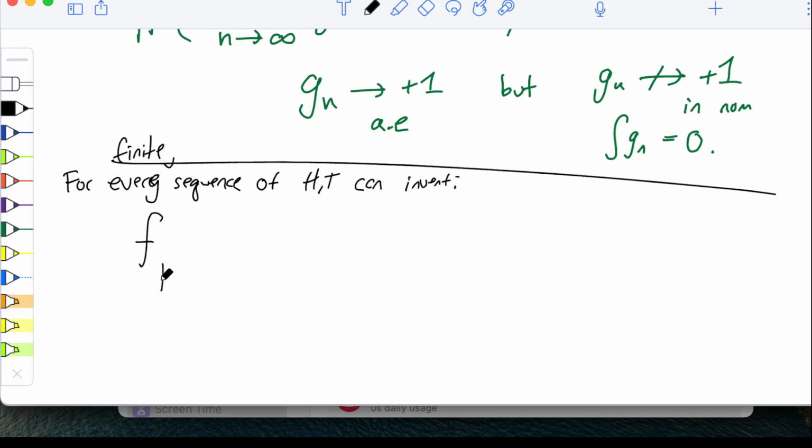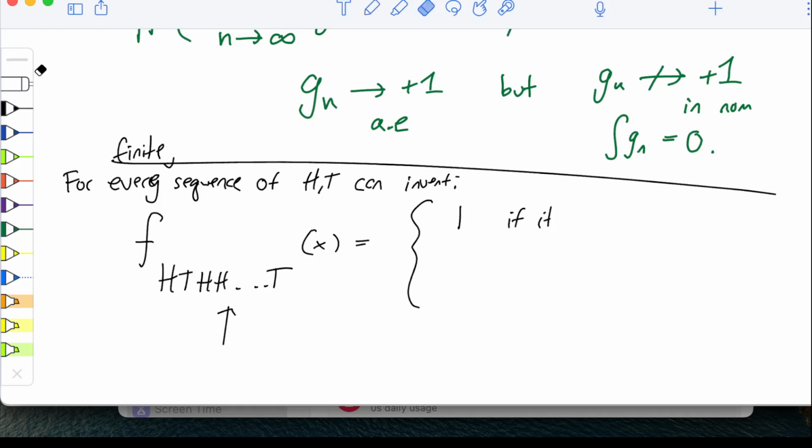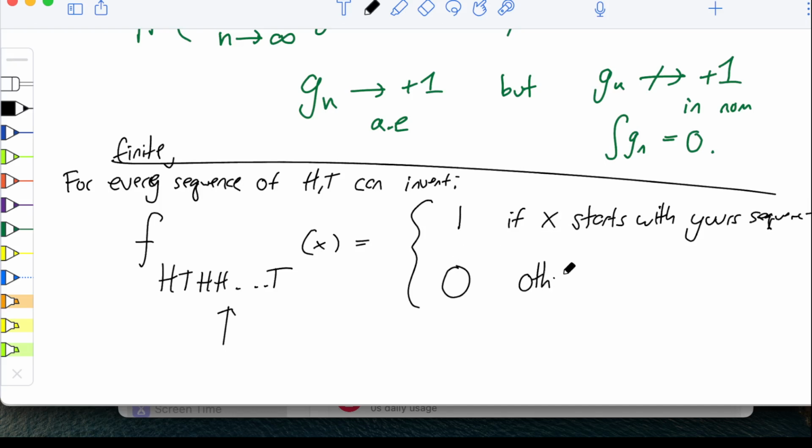You put in your favorite sequence, you tell me that sequence, and I'm going to make the function which is 1 if x starts with your sequence, and it's 0 otherwise.